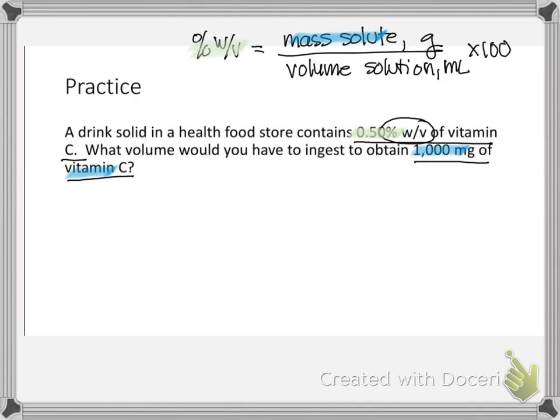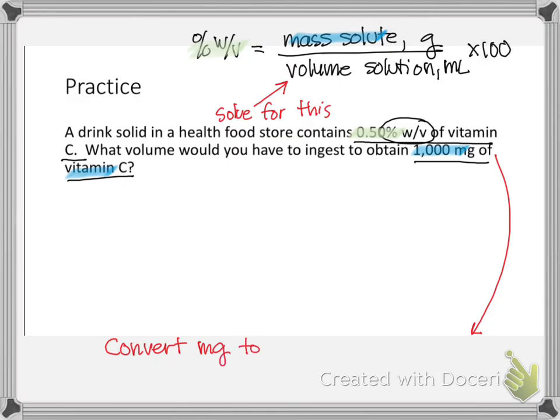And then what I'm going to solve for is this. So before I do that, I need to convert milligrams to grams. And I know that there are 1,000 milligrams in 1 gram. So in this particular case, 1,000 milligrams would be the same as 1 gram.